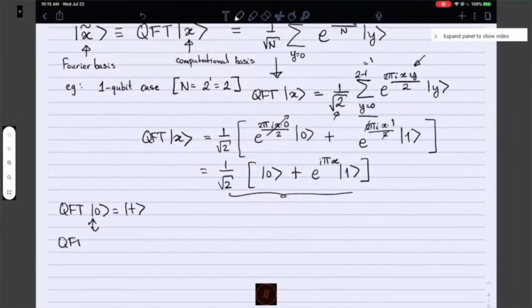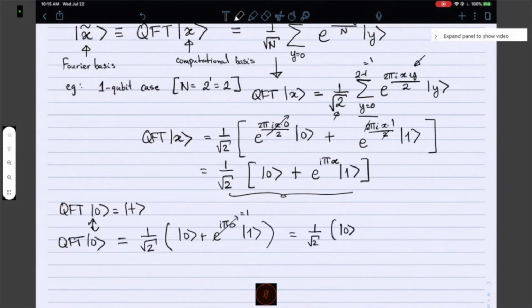According to the expression we've written out, it is 1 over square root of 2 of 0 plus e to the i pi times 0 is multiplied up here, and that just removes this, to be equal to 1. So this is just 1 over square root of 2 of 0 plus 1. That's not surprising. That's exactly what we call the plus state in our first lecture.